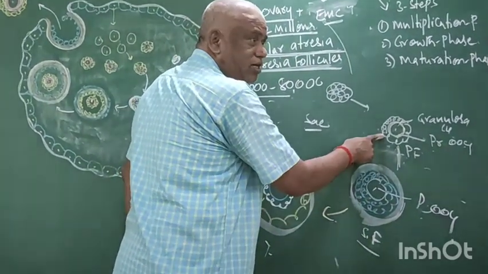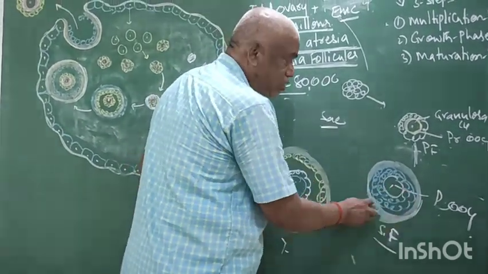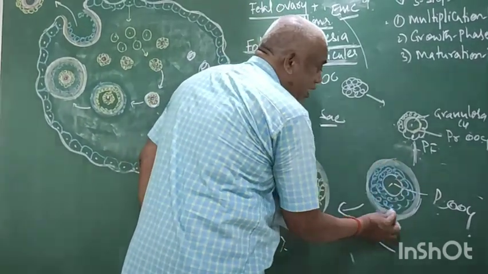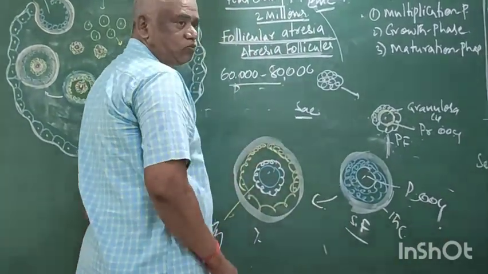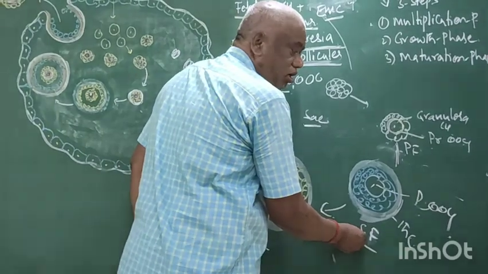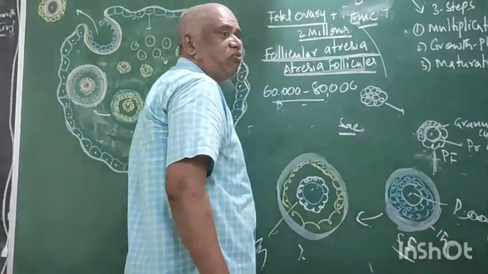Here one layer is there. The cells of one layer divide and form a new layer, hence two layers. But what is this white layer? Theca. The theca is formed by stroma. Now this is called secondary. The presence of theca is the character of secondary follicle.